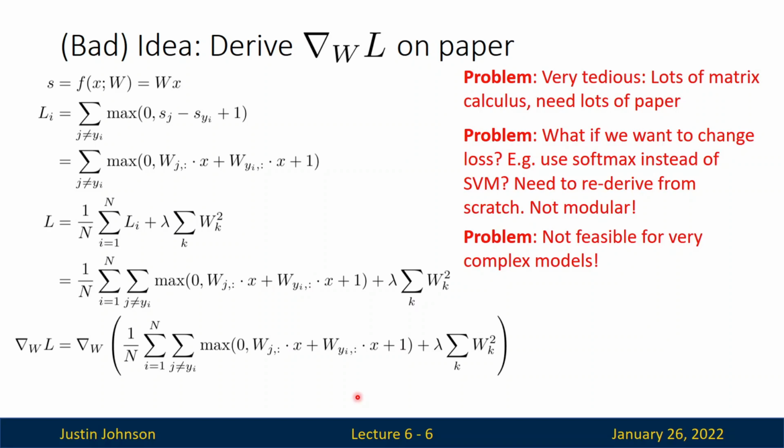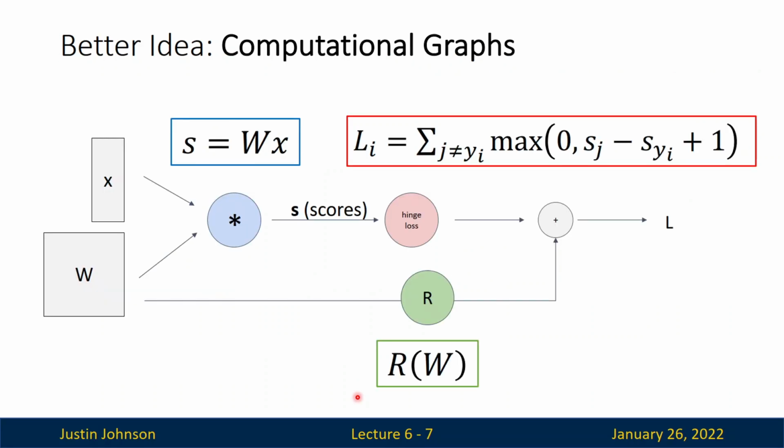If you want to derive them on paper, it may be very tedious and very difficult. So Hinton and some other researchers proposed backpropagation maybe 30 years ago. The idea is they use the computational graph.